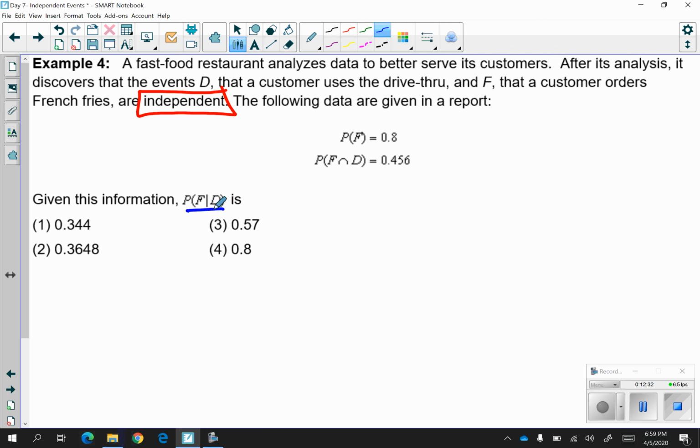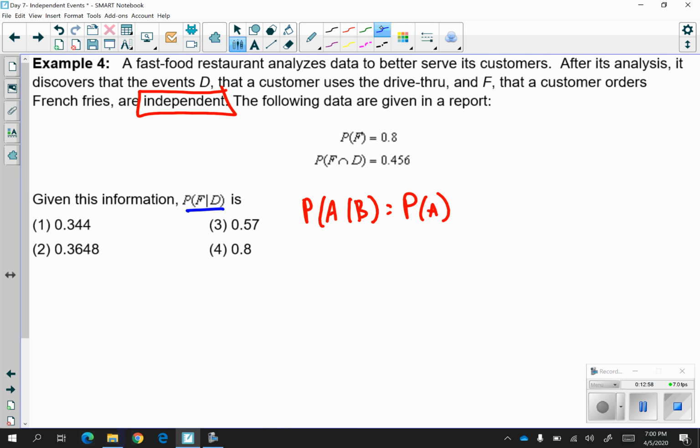You have the independent formula, which we know is P of A given B is equal to the probability of A, because what comes first has to be by itself.